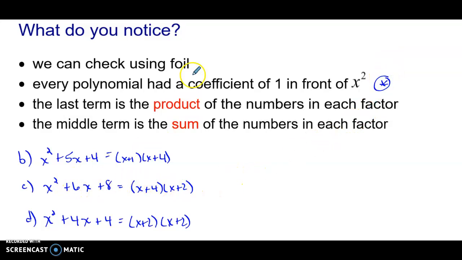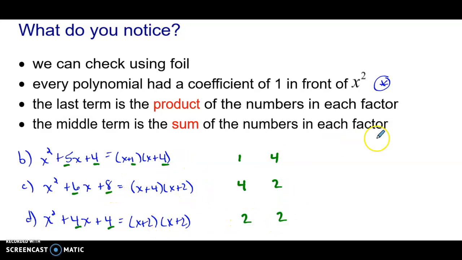I want you to look at the numbers just for a second. The 5 and the 4. The 6, the 8, the 4, and the 4. And I want you to look closely at each of the numbers in the factors. 1 and 4, 4 and 2, and 2 and 2.